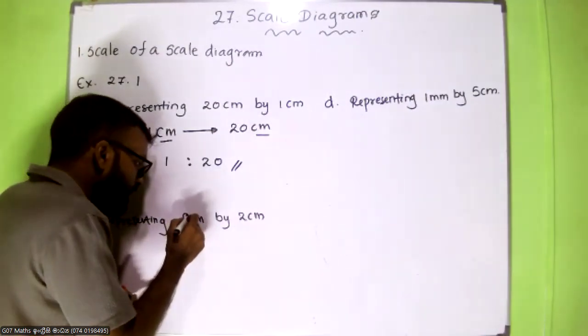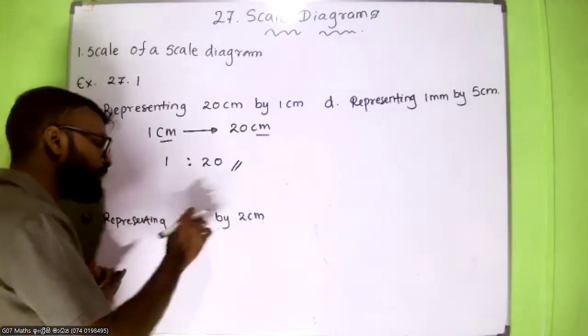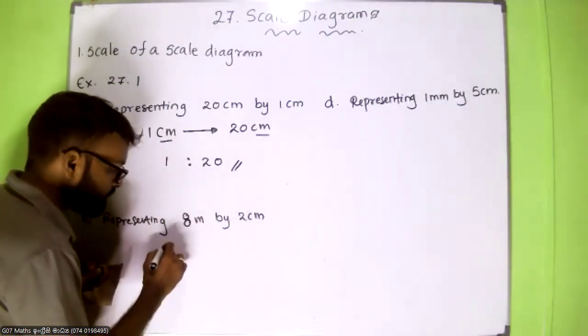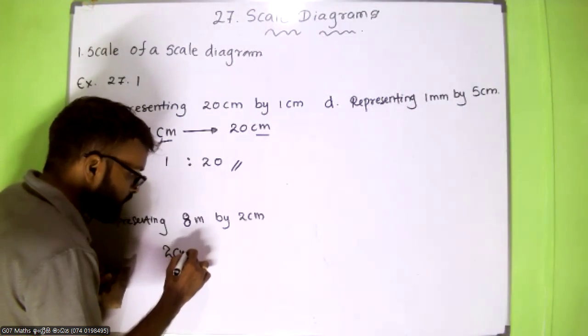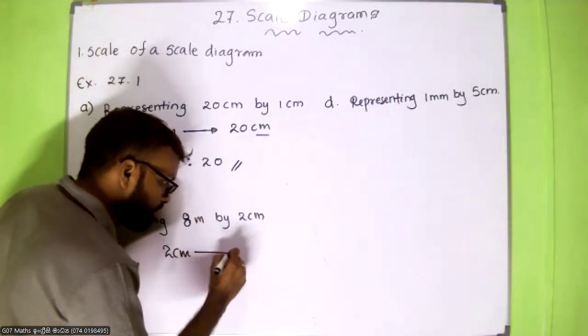Representing 8 meters by 2 centimeters. By using 2 centimeters, you are going to represent 8 meters.